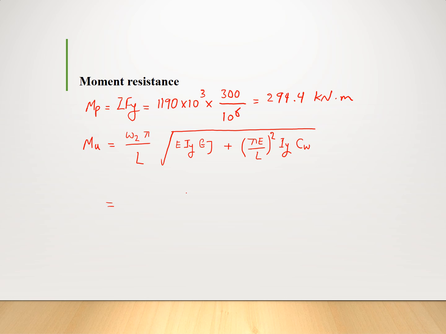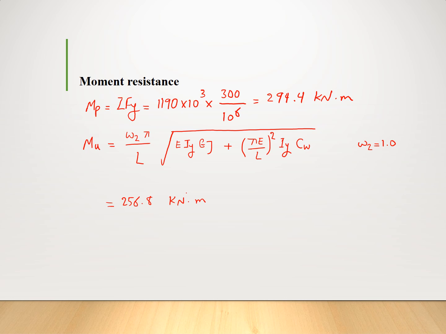As we know that this is simply supported, omega 2 will be 1, and we know that Mu will be 256.8 kilonewton times meter. Now we calculated Mu.